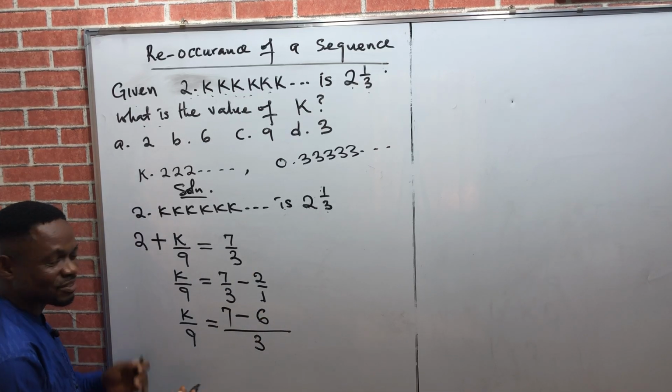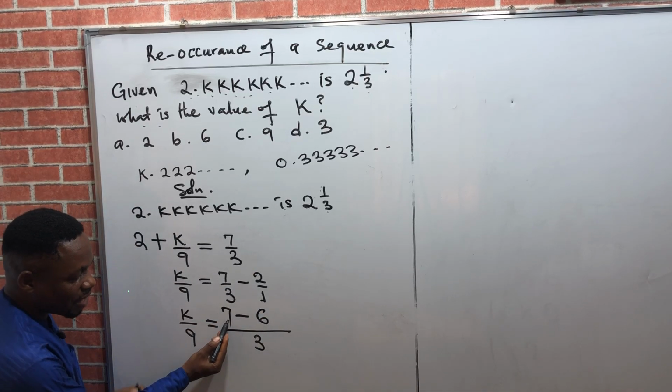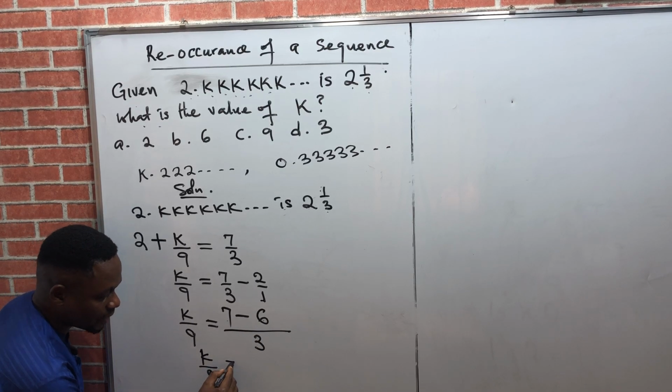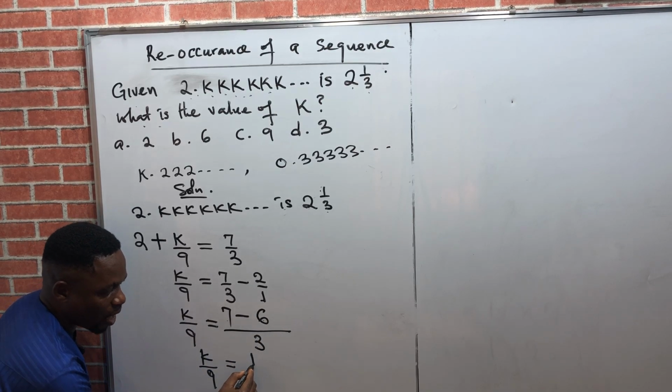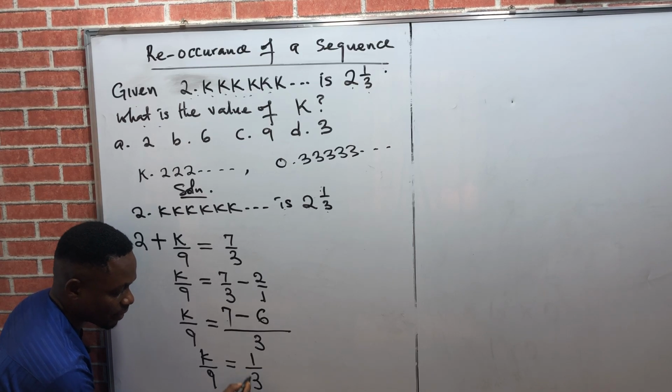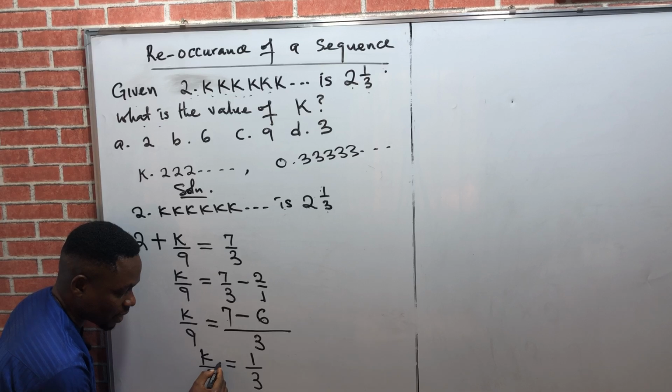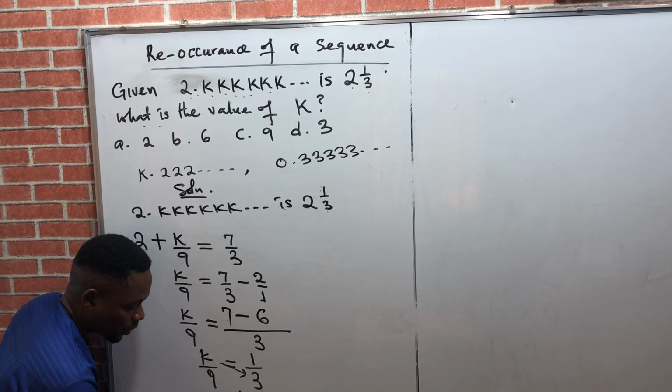Can you see that the answer is visible? Then what do we do here? 7 minus 6. Then I will now have k all over 9. 7 minus 6 is 1, then all over 3. Next is to cross multiply. If this one turns like this, you will get 3 k.